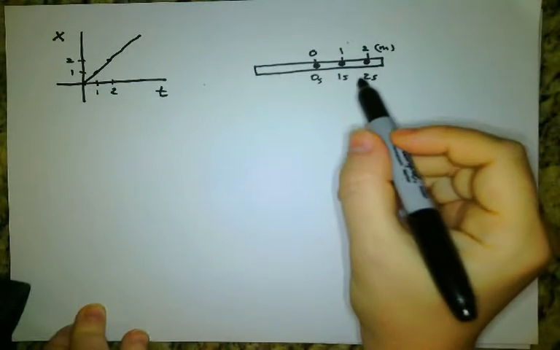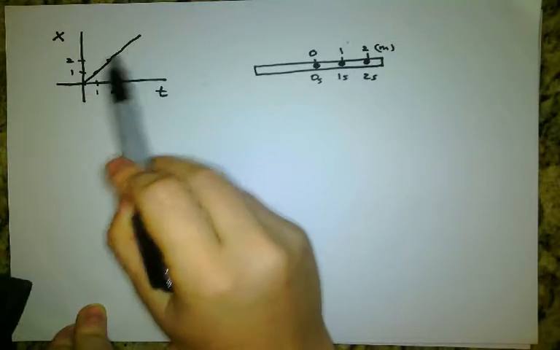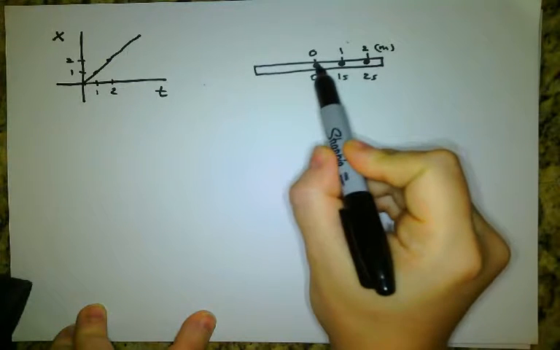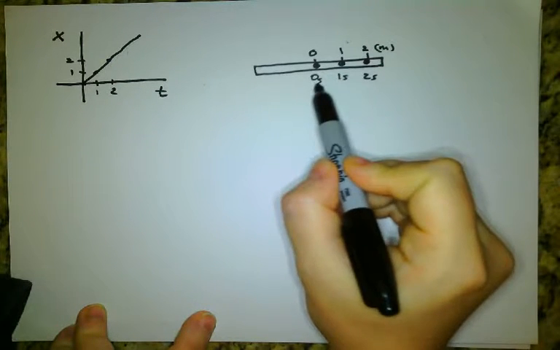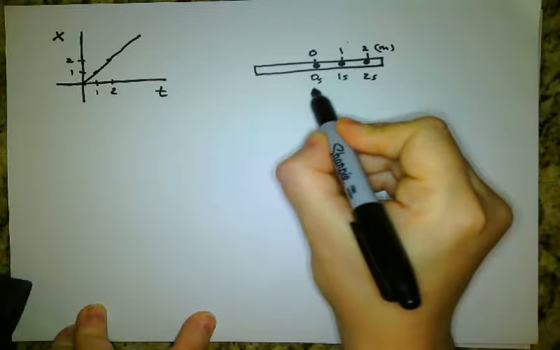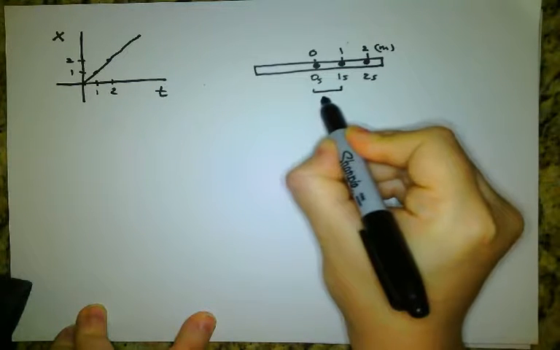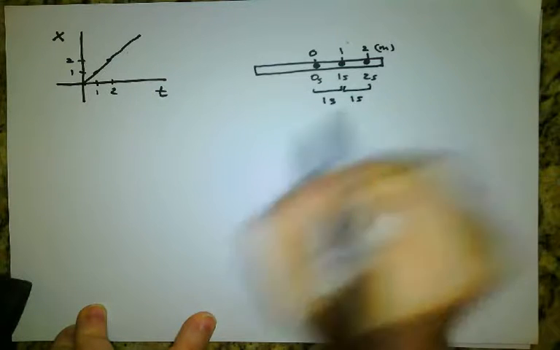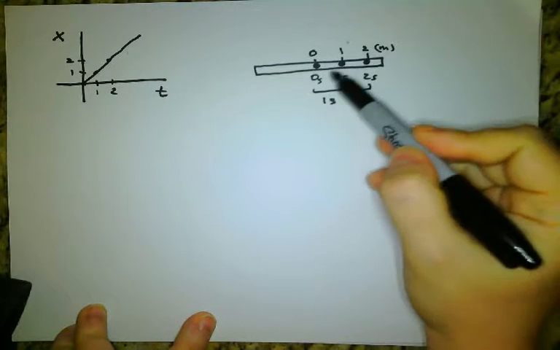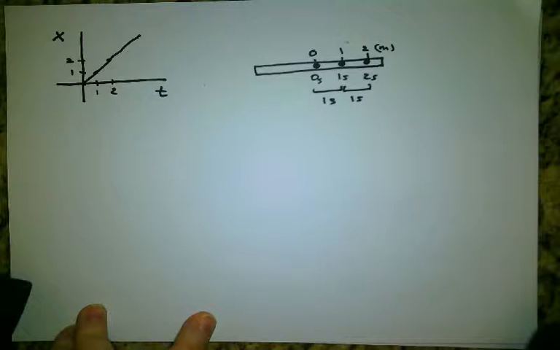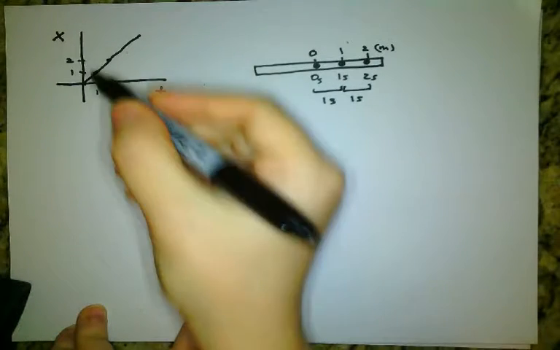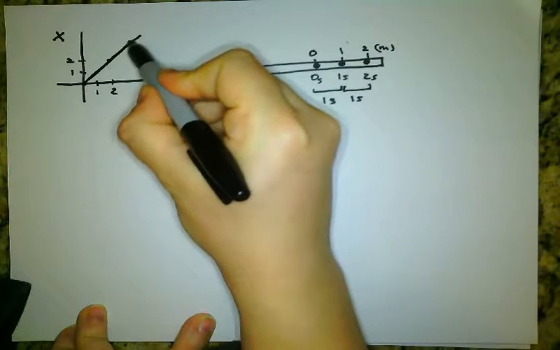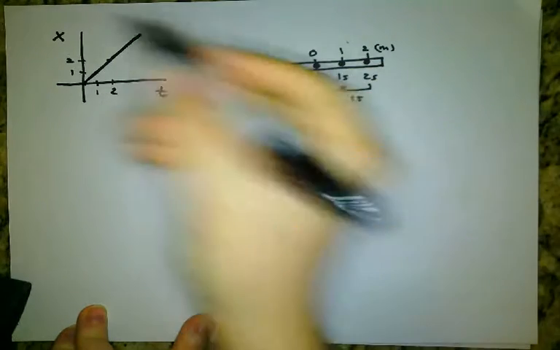What you notice here is that the shape of the graph is a straight line when something is moving equal distances in equal time intervals. So this right here is a time interval, it's 1 second long, and this is another time interval, 1 second long. During each one of these, it moves exactly 1 meter. So when you generate a graph from that, you end up getting a straight line.